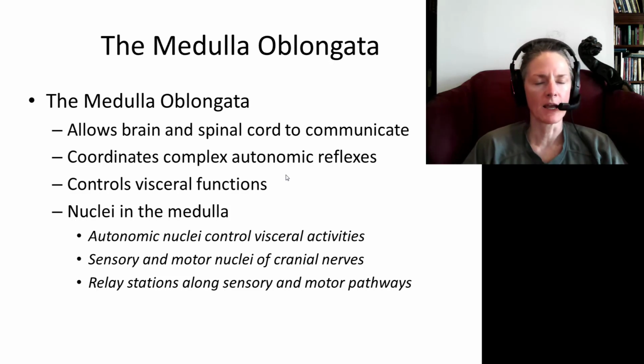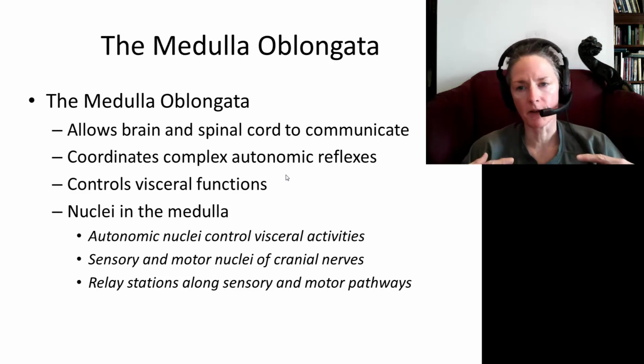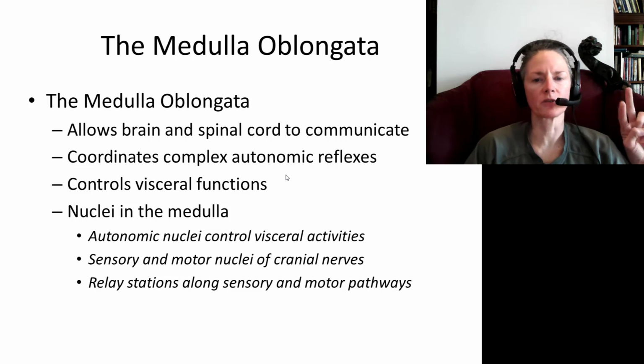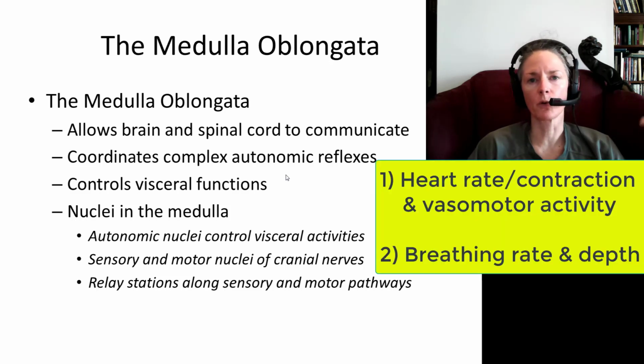We will also see centers, these gray matter centers called nuclei, that are going to be part of the autonomic nervous system as well as associated with cranial nerves. And we're going to see two major visceral functions that are going to be controlled from the medulla oblongata, one of which is heart function. So it's going to regulate your heart rate, the force of contraction of your heart, as well as vasomotor tone, which is going to affect such things as blood pressure.